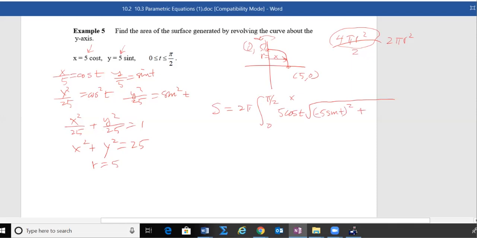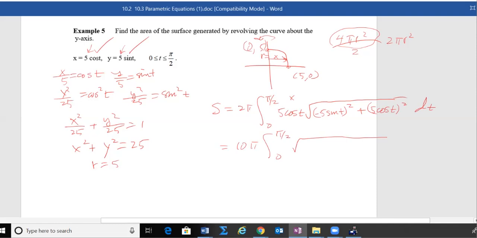And the other derivative would be 5 cosine t quantity squared dt. So that's 10 pi, 0 to pi over 2.